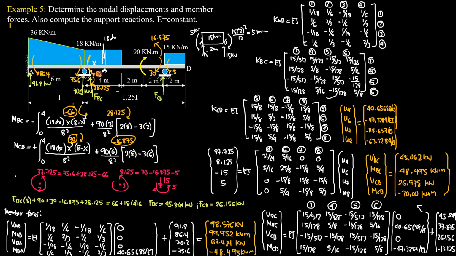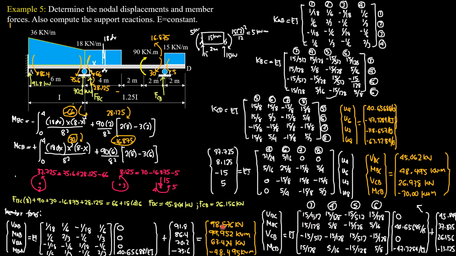Remember, 66 minus 28.125 is 37.875 positive. Then at the right end, this is 16.875 positive counterclockwise minus 30. 16.875 minus 30 is negative 13.125 or clockwise. So that's the fixed moment for CD.